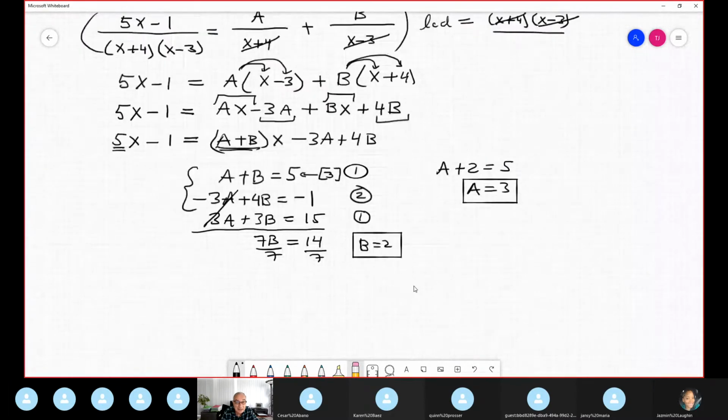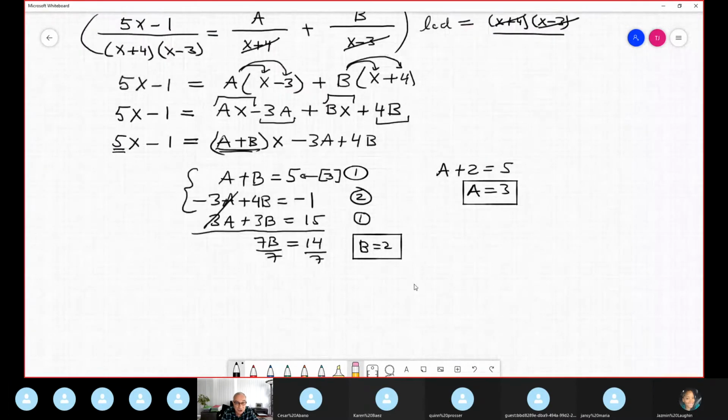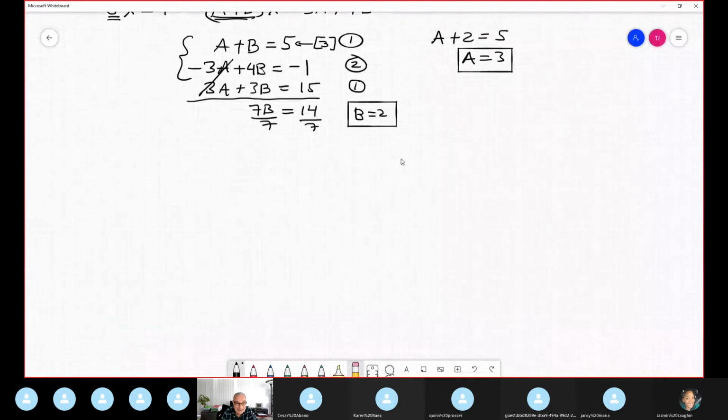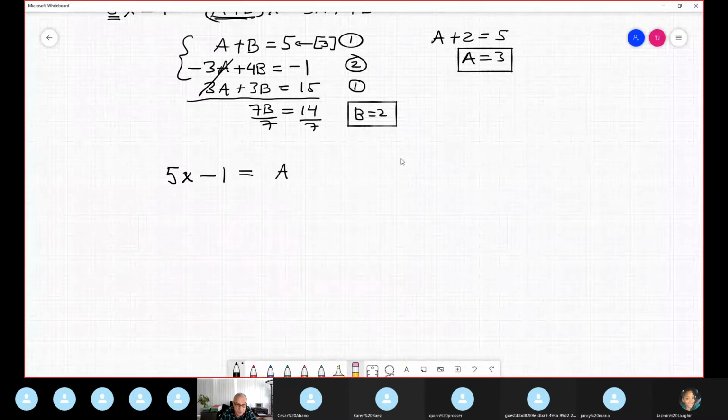However, I can take advantage of another, easy way. Suppose that after the multiplication by the least common denominator, the expression that we have is this. Okay, I want to copy it again.